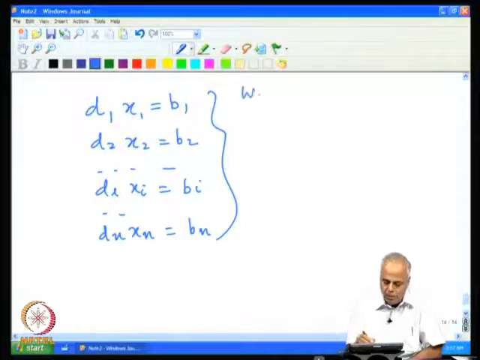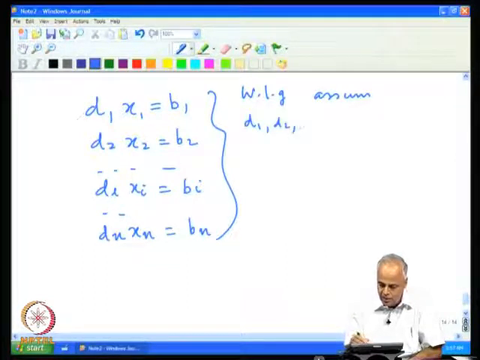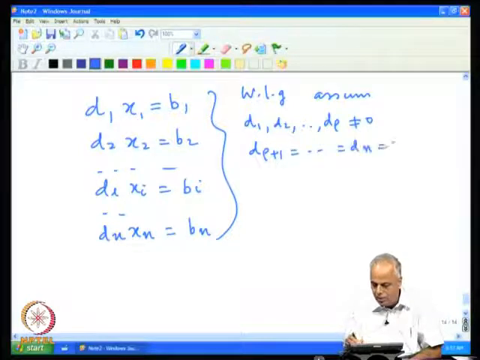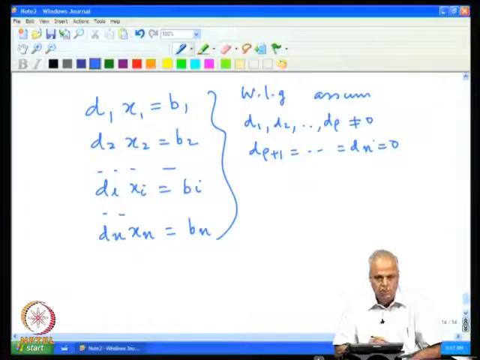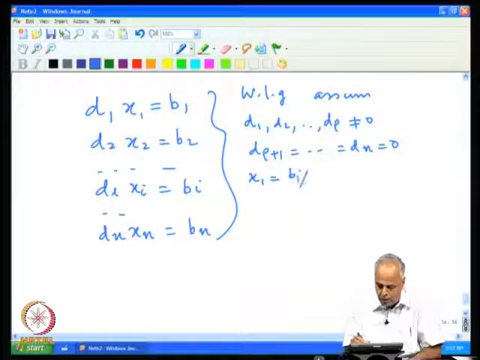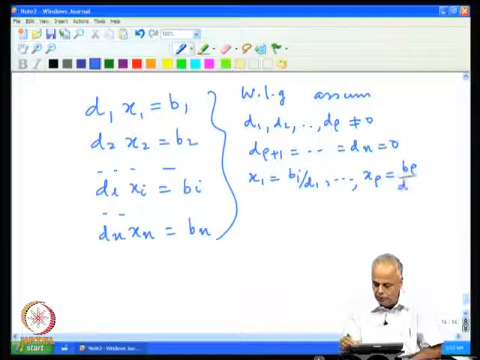Without loss of generality, assume the first rho of the d's are not 0 and the remaining d's are all 0. In that case, at least we get from the first equation x1 equal to b1 by d1 and so on, and the rho equation gives x rho equal to b rho by d rho.